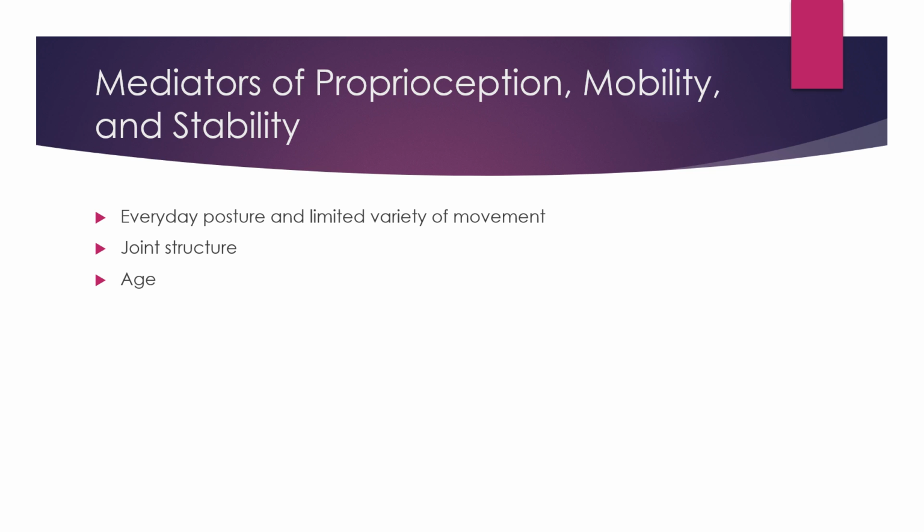For example, an individual's hip joint may have a capsular structure that prevents performing a deep squat with the feet pointed in a neutral position. In such cases, the fitness professional should encourage movement that is more comfortable for the client and not attempt to stretch through this non-modifiable limitation. The adverse effects of aging on proprioception, stability, and mobility are well established.